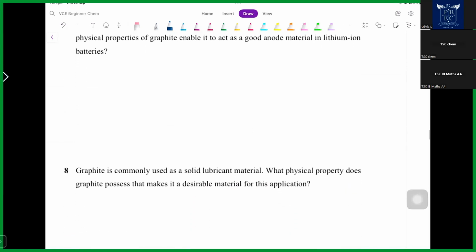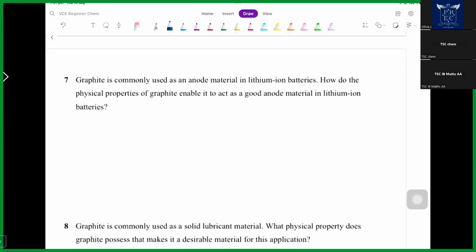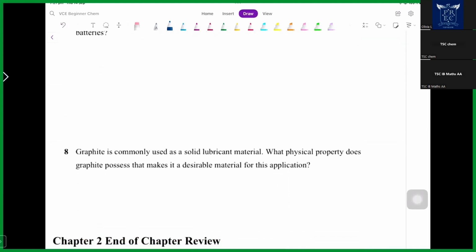How do the physical properties make it a good anode material? That is conductivity, so you can mention conductivity. And graphite is commonly used as a solid lubricant. What physical property does graphite possess that makes it a desirable material for this application?